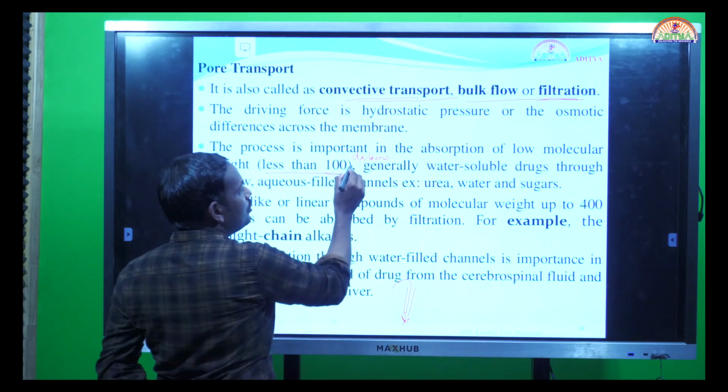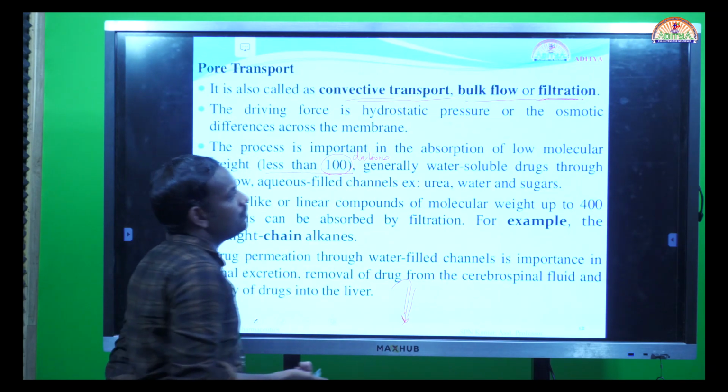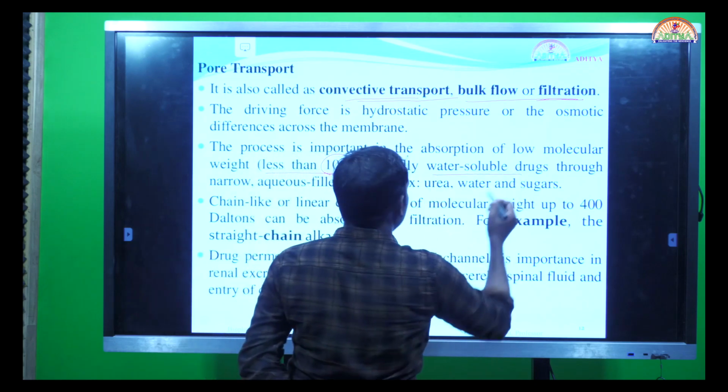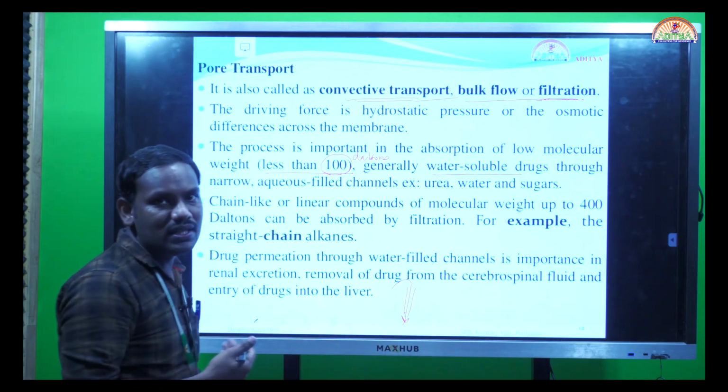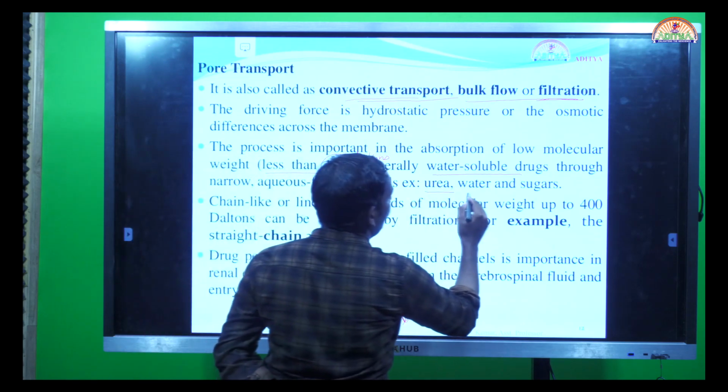The particle size should also be very small, then only it can pass through that pore. Only water soluble drugs can follow this pore transport. Examples include urea, water, sugars, etc.